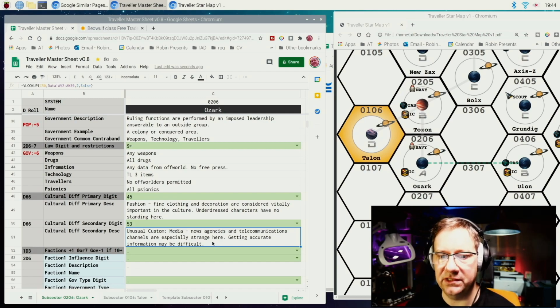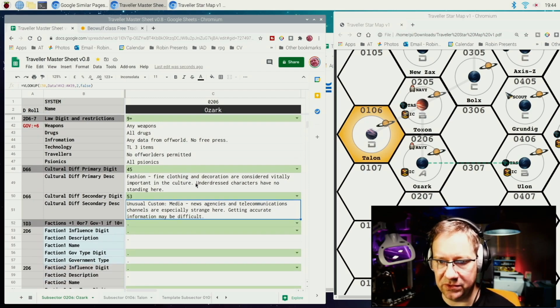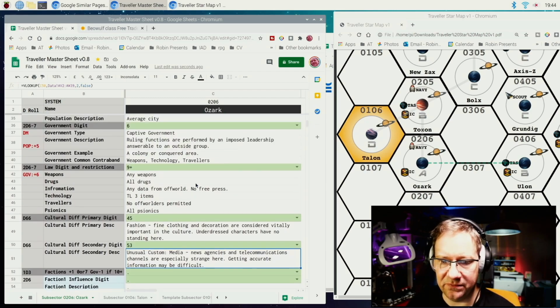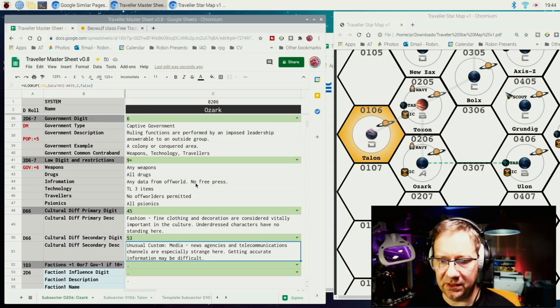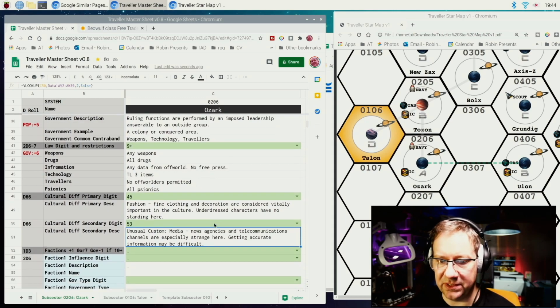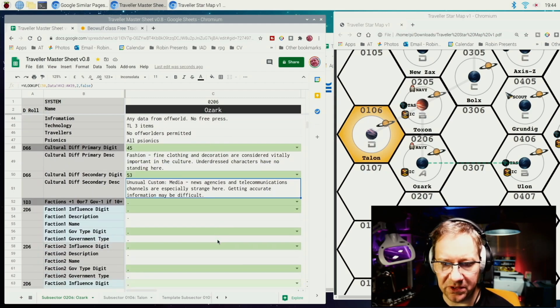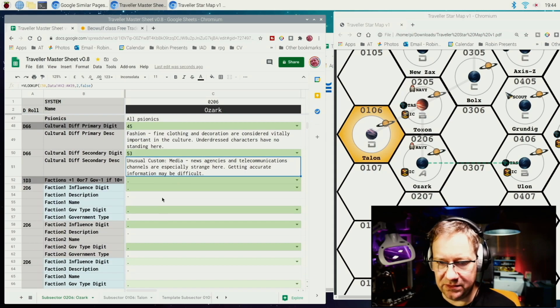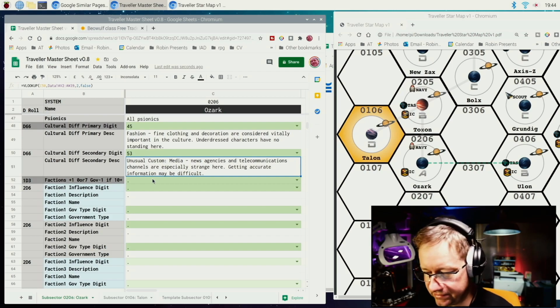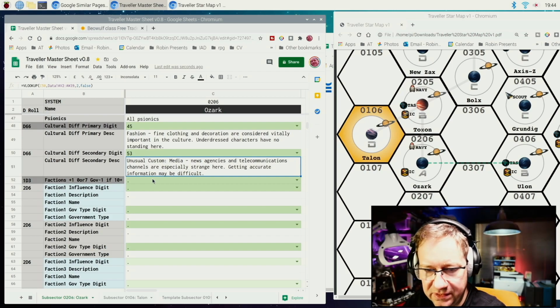So that neatly ties in with the fact that they've got an imposed government from outside, very high law level, no data, no free press. So they've got some very tightly controlled media that is feeding them the news in one way or another. So now you work out whether there's any opposing government force or underground revolutionary thinking going on.